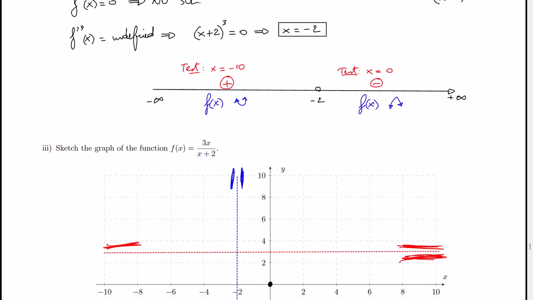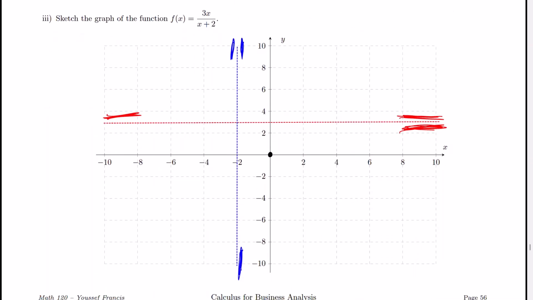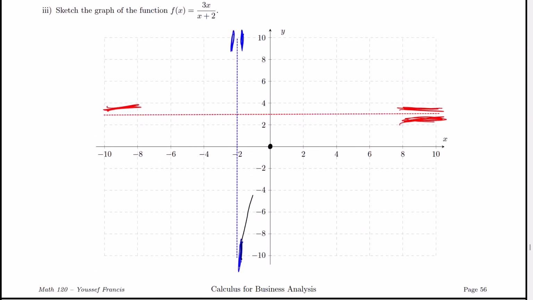The function is increasing, but it's doing it in a concave down manner. Since I have to cross through that point, it seems like the logical thing would be for it to be doing this sort of thing. So this is what I'm expecting, and this is what I'm expecting on this side.